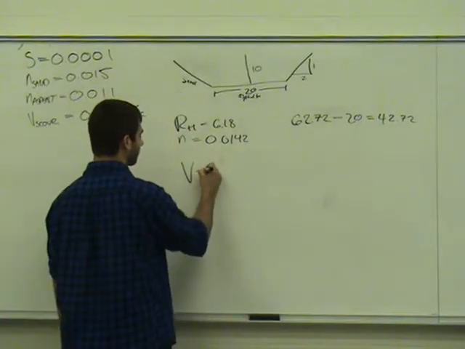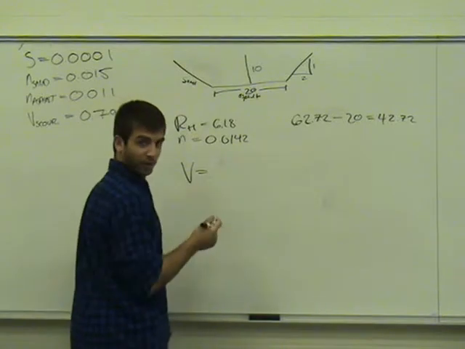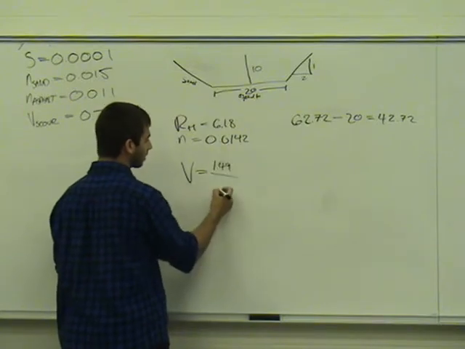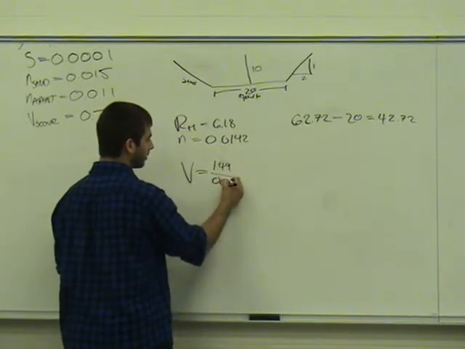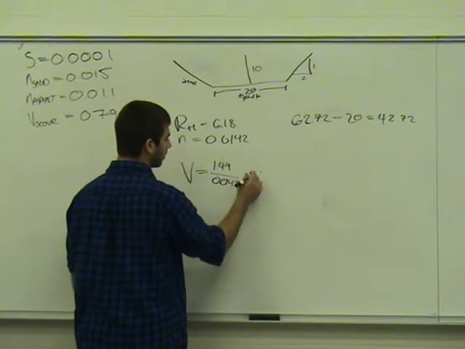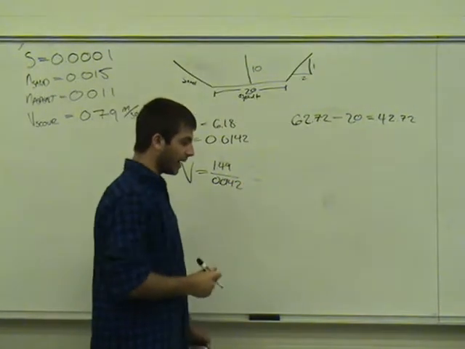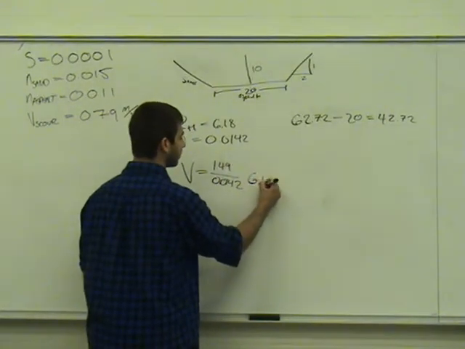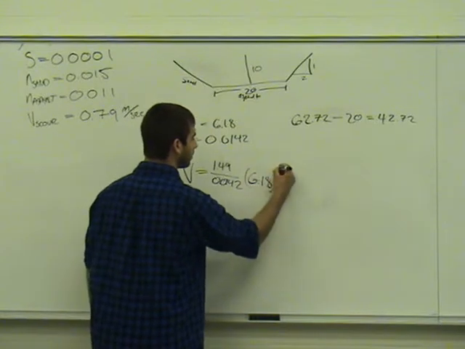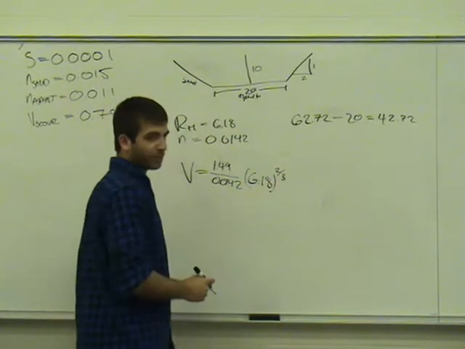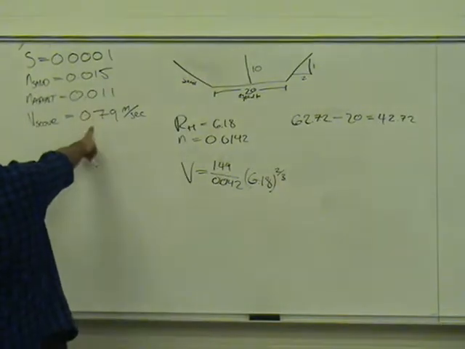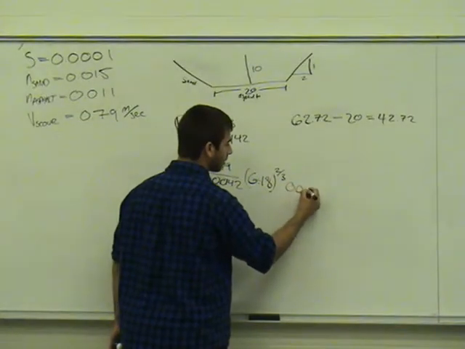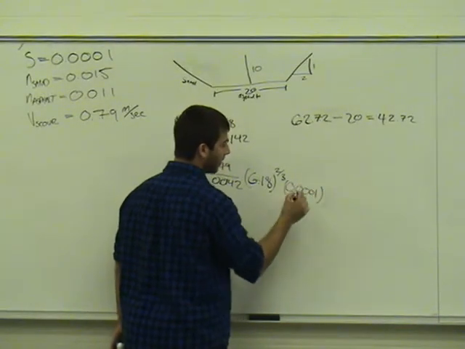So V, because we're in feet, in English units, we're going to have the 1.49 on the top over our Manning's n. Then we're going to multiply by our hydraulic radius to the 2/3, so that's going to be 6.18. And then we're going to multiply by our slope, which is given up here, 0.001. Very flat. And that's to the 1/2.